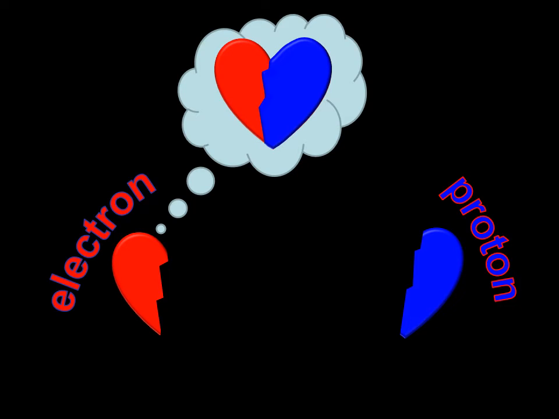Think of electrical attraction as the longing of an electron, represented in this frame by the red half of the heart, for a proton, represented here by the other half of the heart, painted in blue.